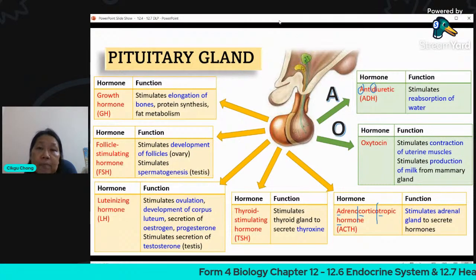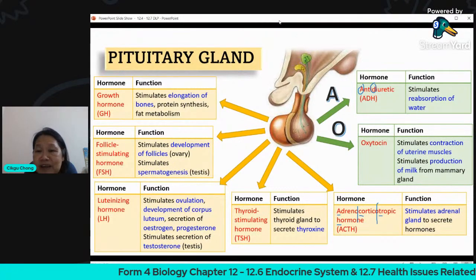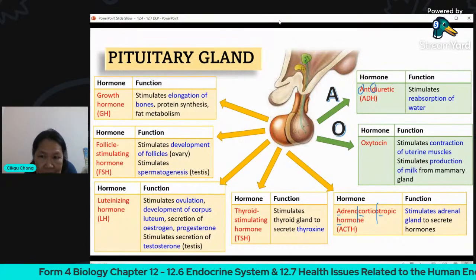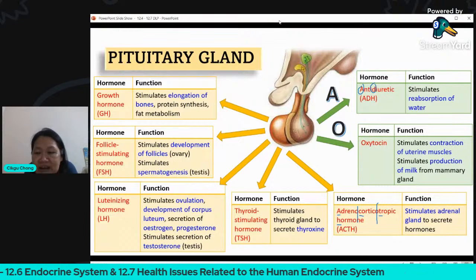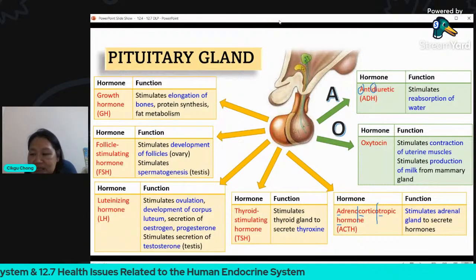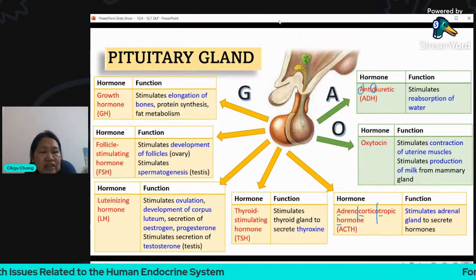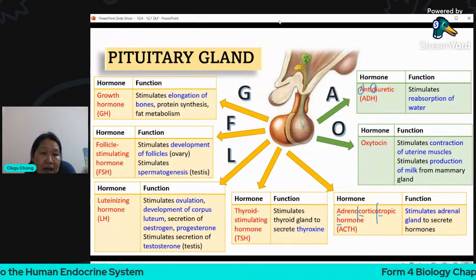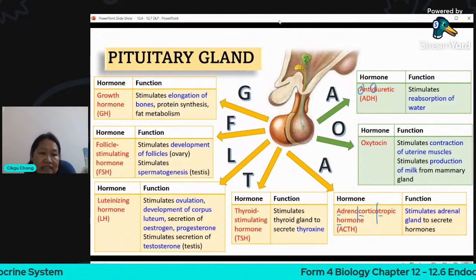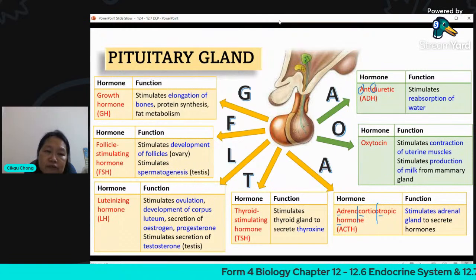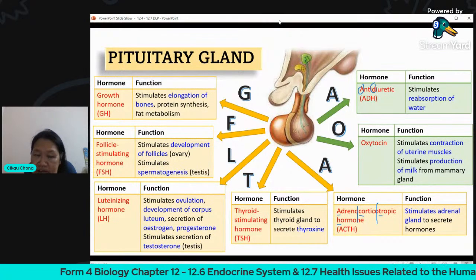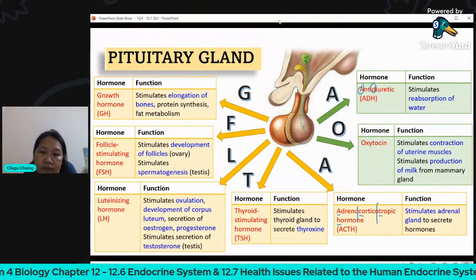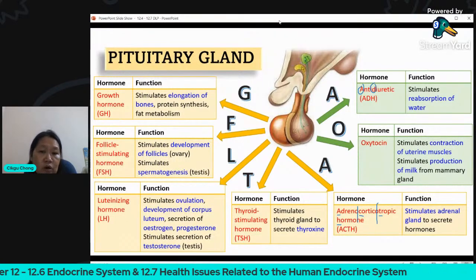For those who play piano, you know G flat is actually F sharp, your black keys. So you have G, you have F, you have L, you have A, and a T. G for growth hormone, F is FSH, L for LH, T for thyroid stimulating hormone, A for adrenal corticotropic hormone.